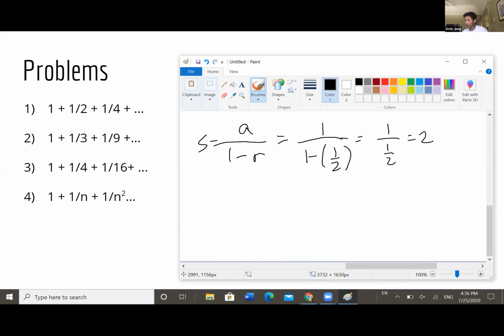Okay, so I saw great answers. For number 2, a is still 1, and actually for all of these, a is 1. I just didn't want to complicate things. So a times 1 over 1 minus r, 1 minus 1/3.